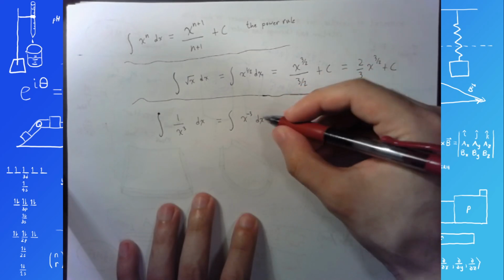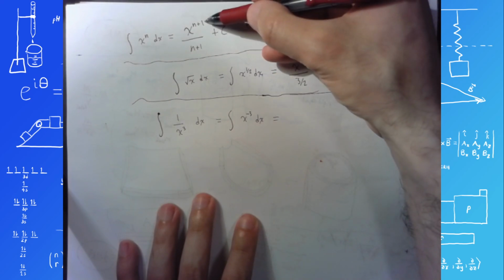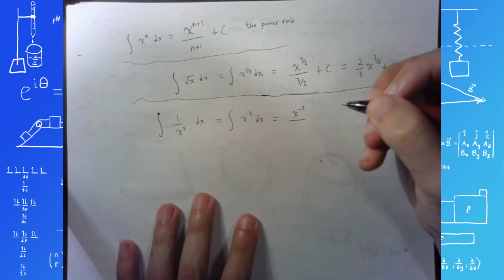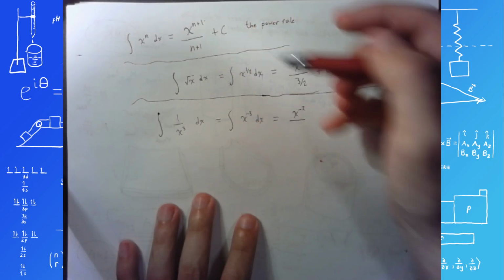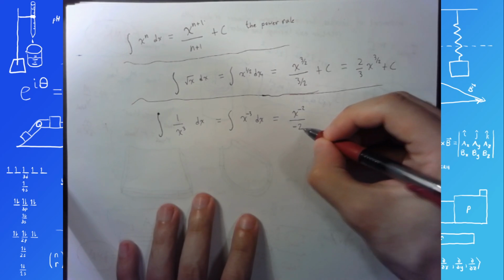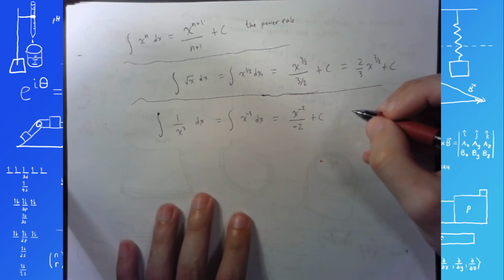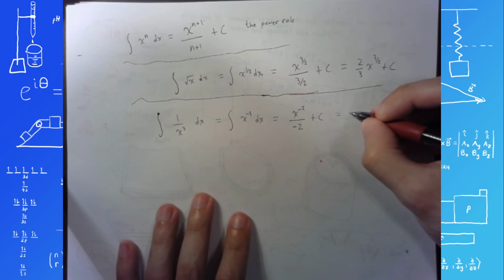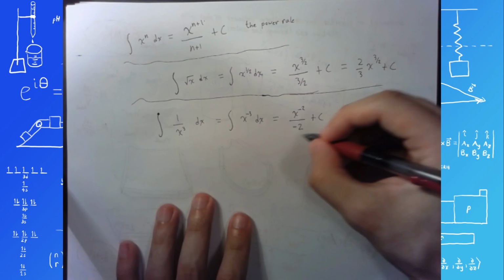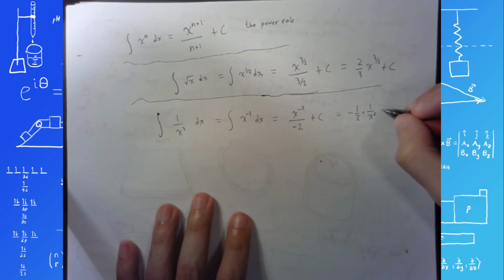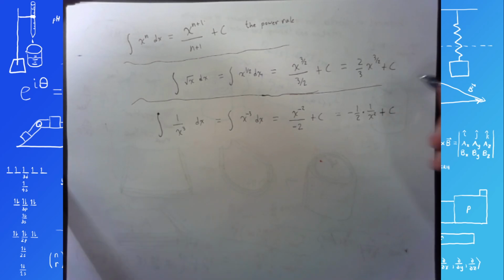And then you could go, well, -3 plus 1 is -2, so that's x to the -2, divided by -3 plus 1, so divided by -2, plus a constant. And then, of course, we would simplify and rewrite this as -1/2, pulling out that -2 from the bottom. And then x to the -2 would be 1 over x squared. So that's if you wanted to write it more neatly.